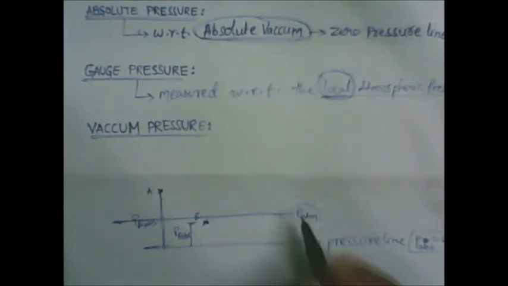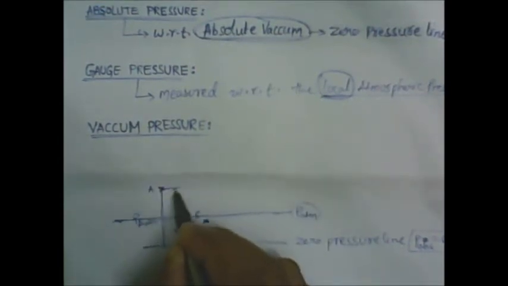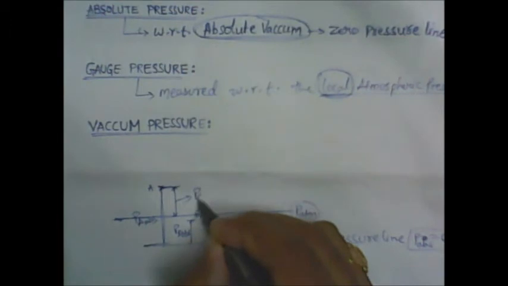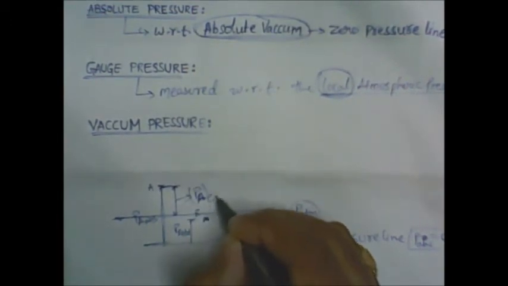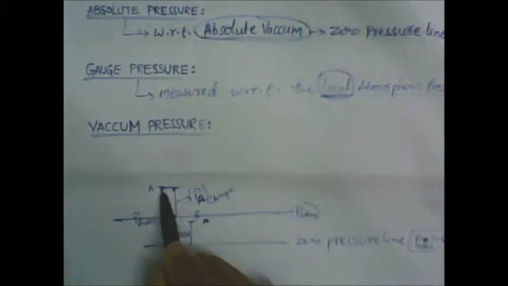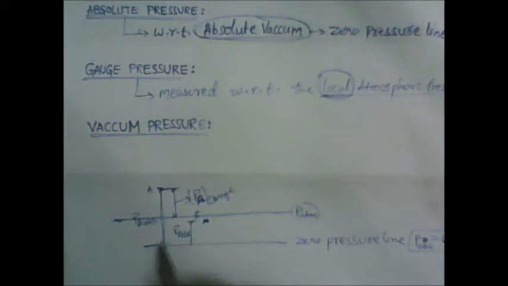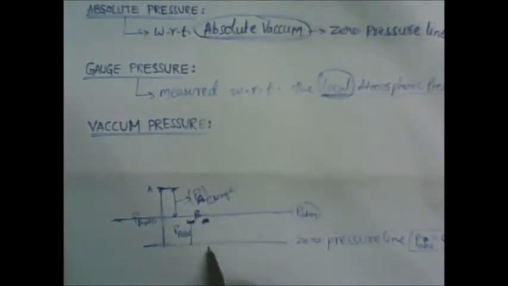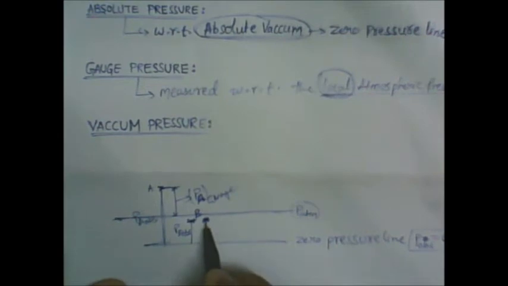In this case, Pa with respect to this atmospheric pressure is the gauge pressure of A. And with respect to the zero pressure line, it is Pa absolute. Similarly, for point B, with respect to the zero pressure line, it is Pb absolute.